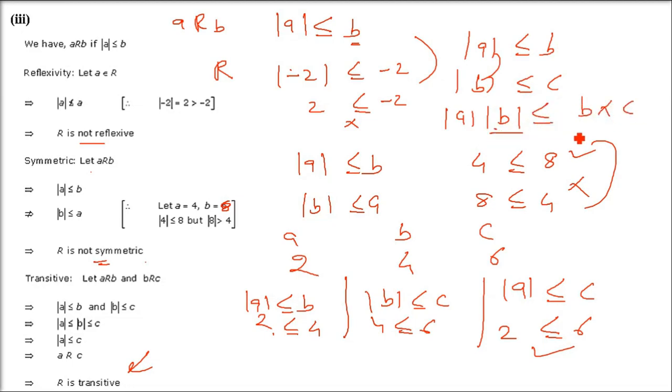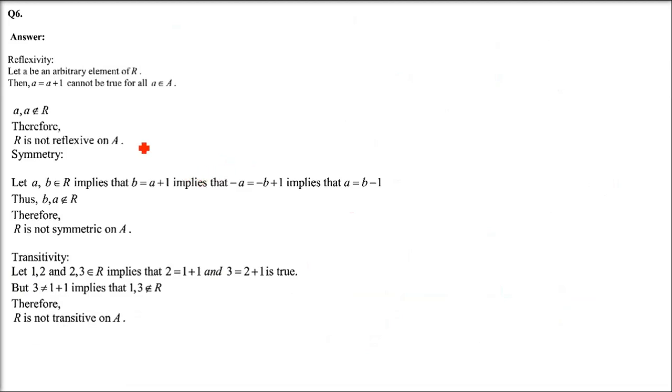I don't know how, because it is mod. Anyway, what they have given is mod A is less than or equal to C. This is how they have explained, but I'm not very much convinced how they have done this. But with numbers I have checked, so it is coming all right. So it is transitive, foolproof.